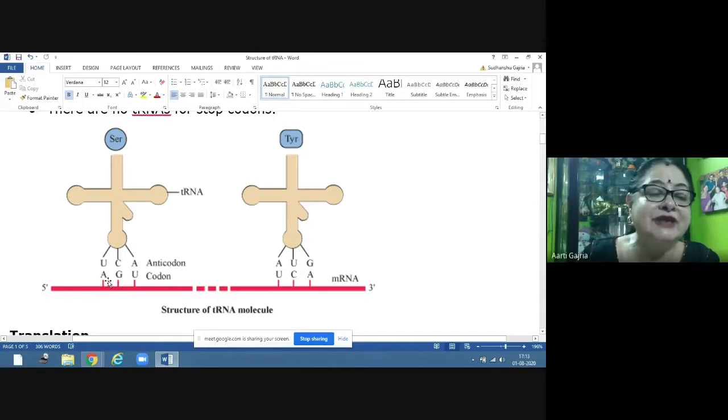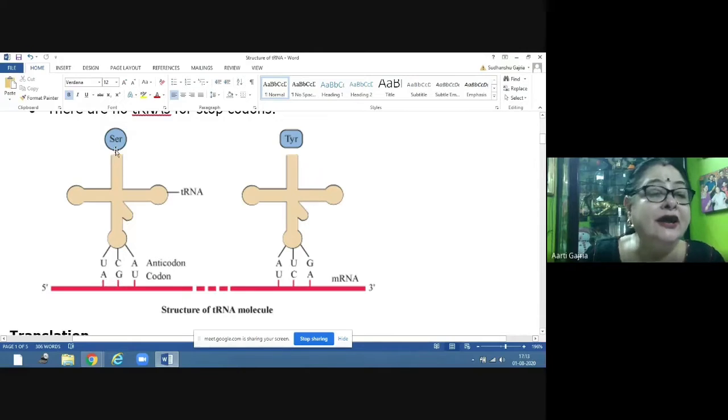Now suppose messenger RNA has the code AGU. So what should be the code on the transfer RNA? UCA. This is as per complementary base pairing. So this code which is present on the transfer RNA is the anticodon. It is called anticodon. It is to crack the code.